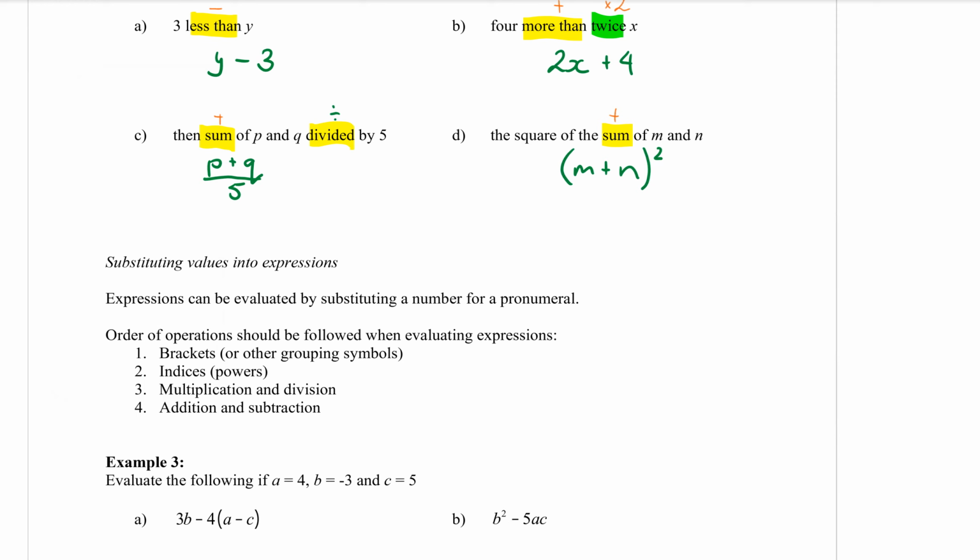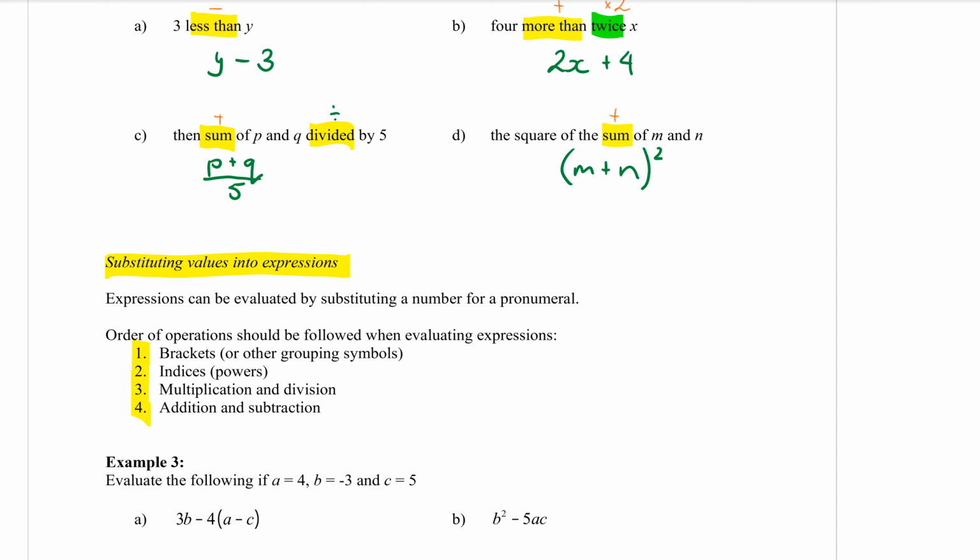Next bit, we're going to be doing some substituting into expressions, and there's some steps here to follow. The order that you should do things in, you should always do order of operations, which is brackets, indices, multiplication, and addition and subtraction. However, we're going to be using our calculator to do most of the calculating part.